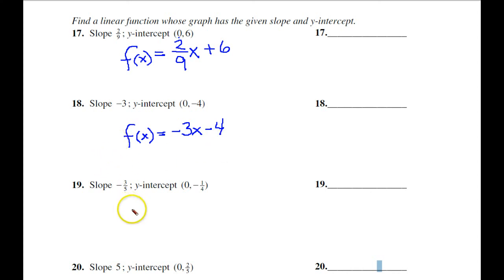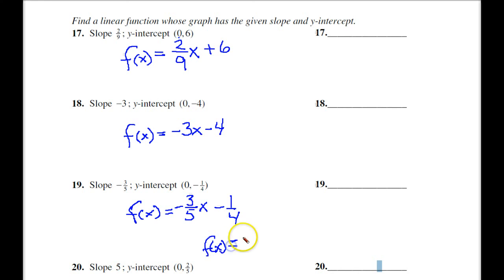So again, function of x is such that our slope is -3/5 x, and our y-intercept is -1/4. And we can almost see this next one down here, and that is f of x is such that our slope is 5, we put in the x, and our y-intercept is 2/5.